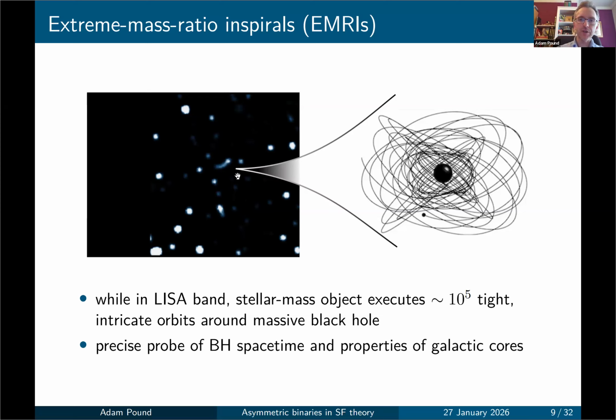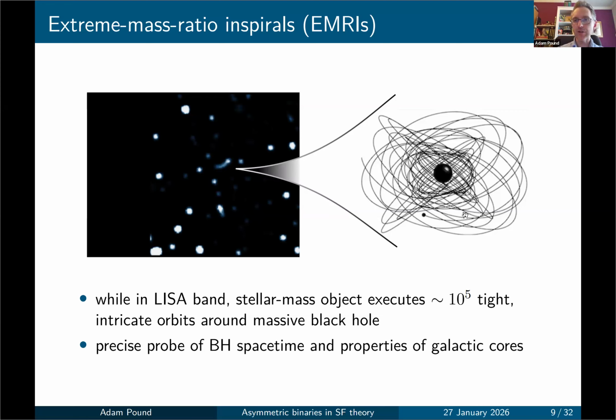So I said that the closest approach of visible stars we can see around Sagittarius A star is around 100 Schwarzschild radii. With these kinds of systems, EMRIs, the entire detectable signal will be within probably 10 Schwarzschild radii, or even tighter. It's louder, closer.